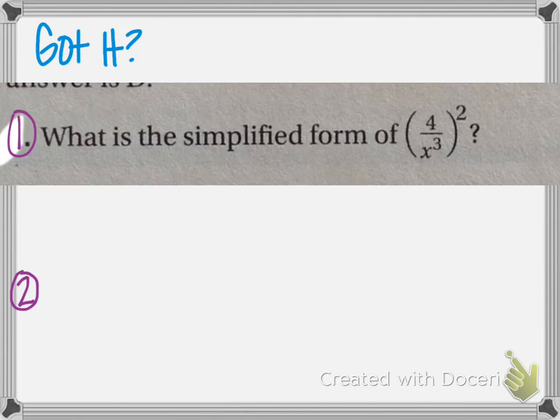Then I'm going to add one: w to the 5th over 4, all to the 3rd. So there's 2 got it questions. Get a separate sheet of paper, do your 2 questions, go back and look if you have to, pause the video, finish your questions, and catch up with me on the next example.